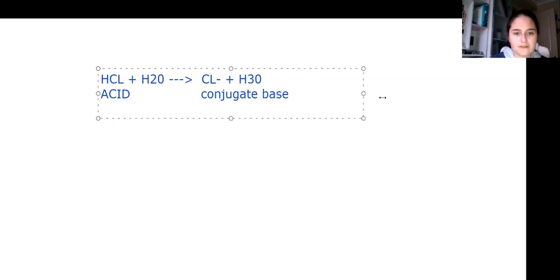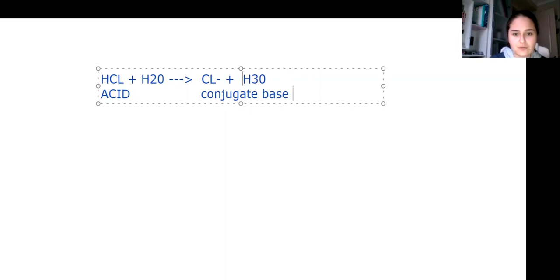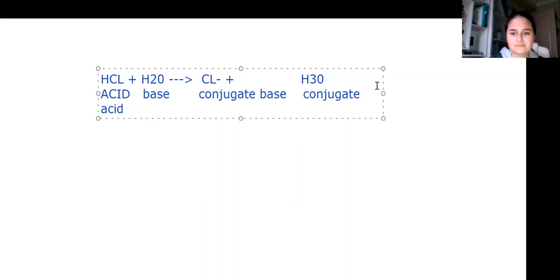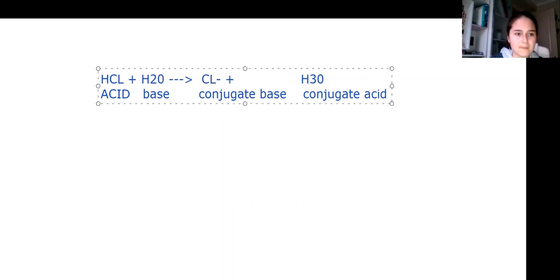Yes, perfect. You got it, mate. So this, you said correctly, is our base, which is going to form a conjugate acid, because it's got more hydrogens making it acidic.